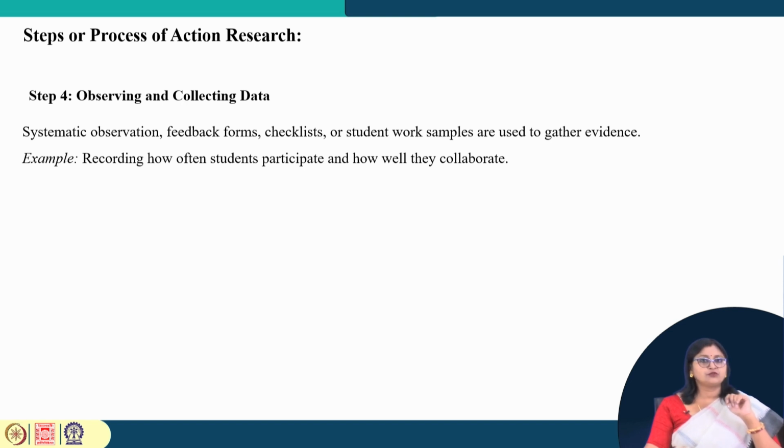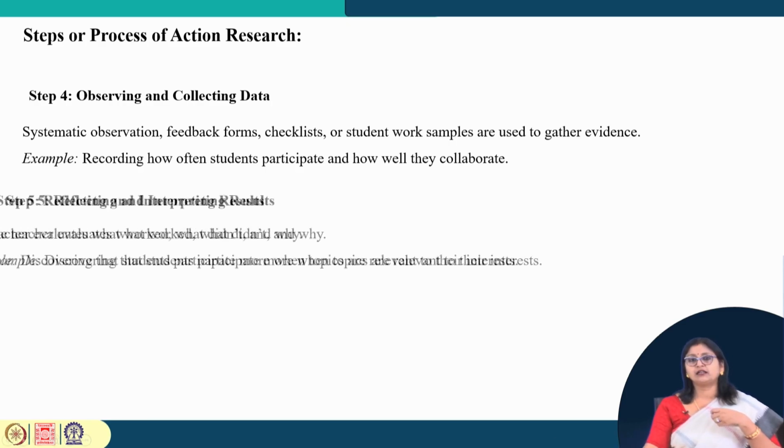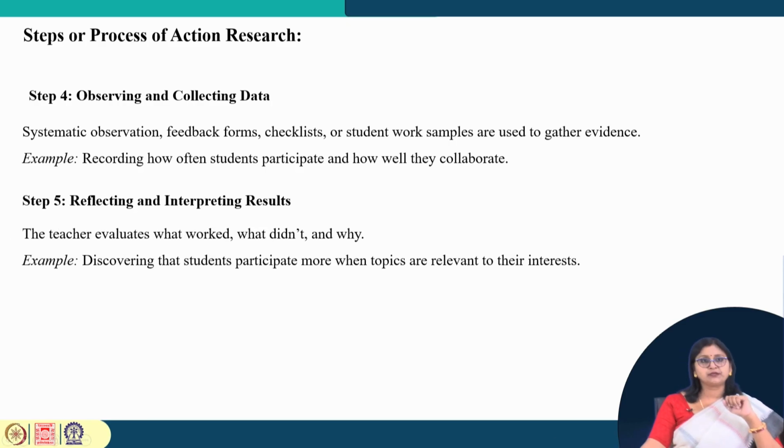Then step 4, observing and collecting data. Systematic observation, feedback forms, checklists or student work samples are used to gather evidence. For example, teachers can record how often students participate and how well they are collaborating with their peers.